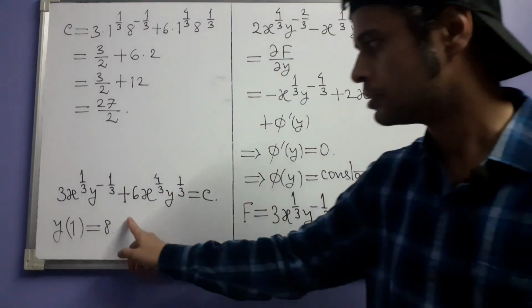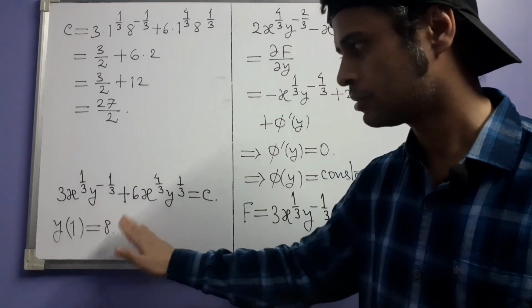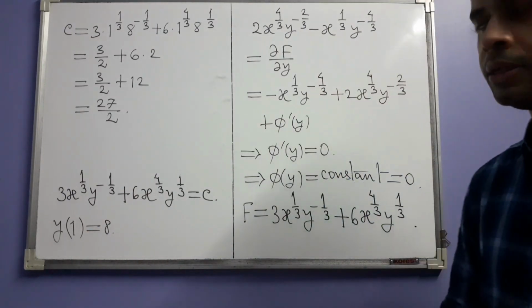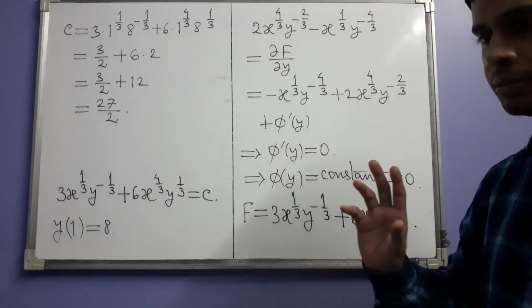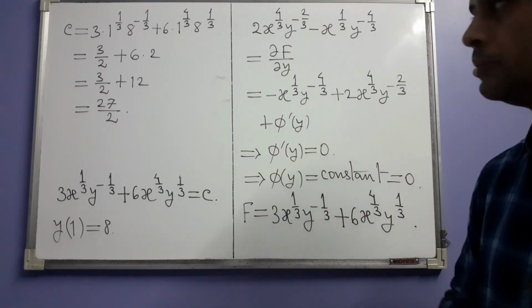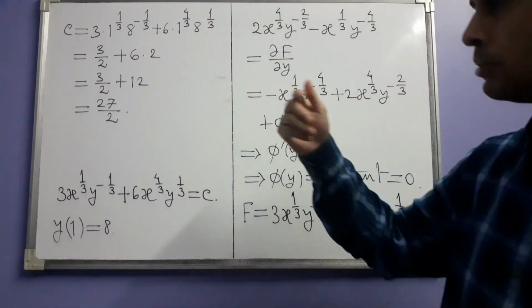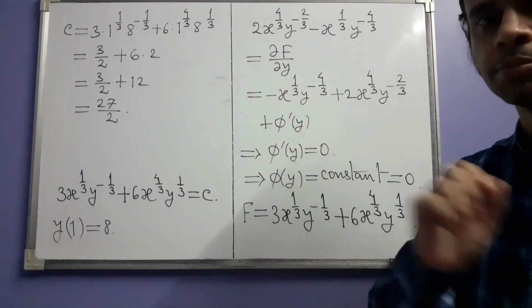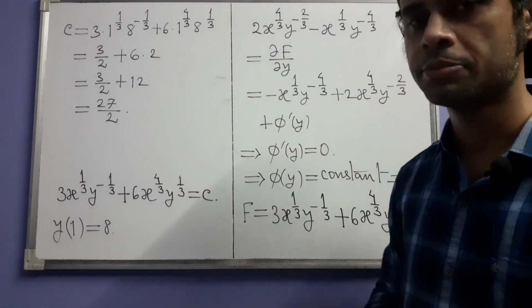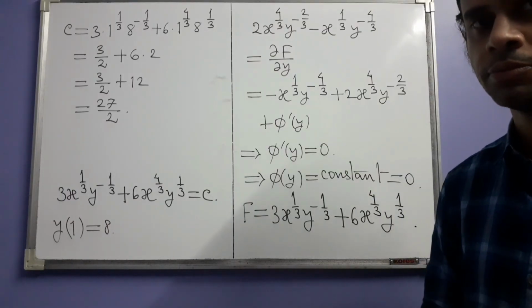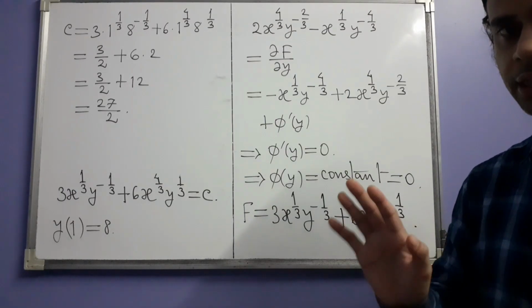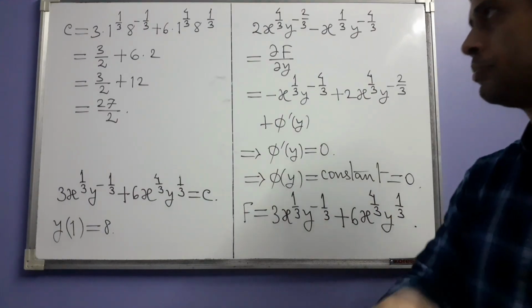Note that these values 1 and 8 actually have been carefully chosen so that we do not get too much complexity, because roots are involved, cube roots. So 8 has been chosen because the cube root of 8 is 2. I said the cube root because I am talking about real cube root.